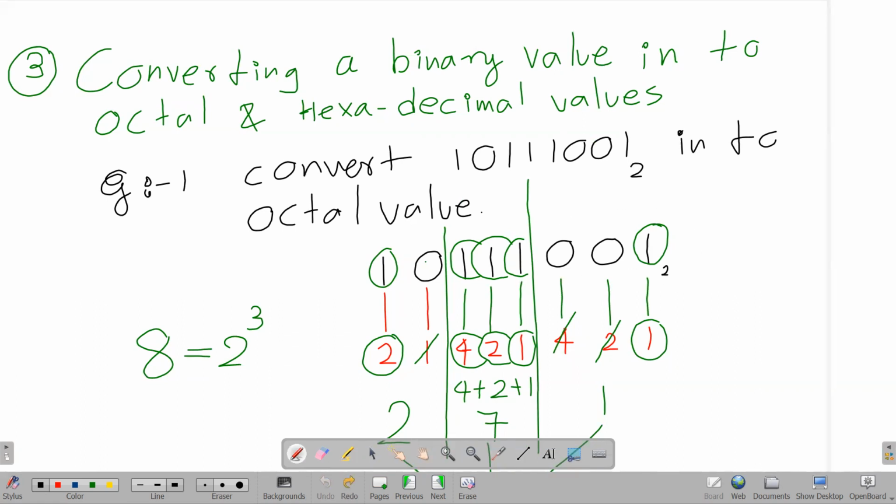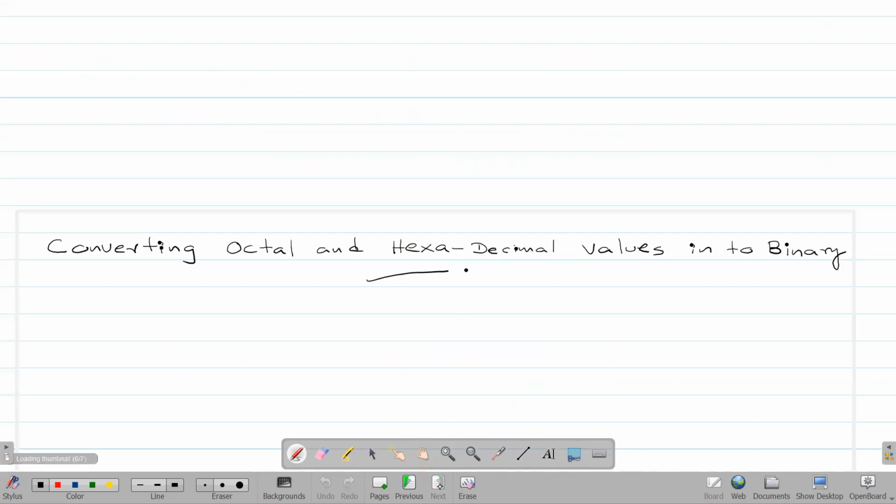Right, now today, from here, what we are going to do is take one symbol of the octal value. Let's first take the octal value. And that symbol is going to be represented as a 3-bit value, right? So as an example, let's take this.